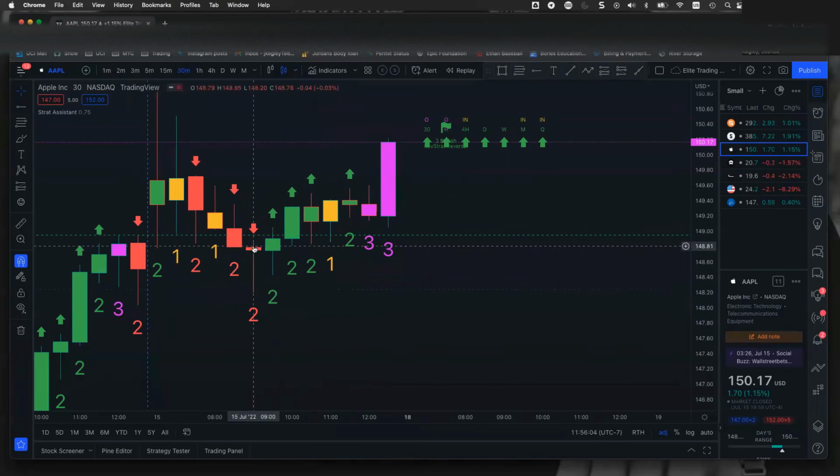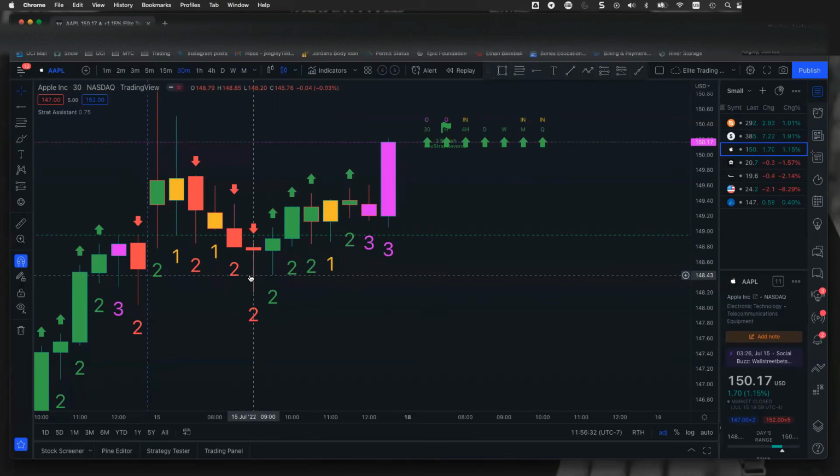A 2 down is when price breaks below the previous. So if you're looking at this candle right here, you have a 2 down. Price opens right about the same 148.80 area. It tries to break up. So you see this little red wick right up here. Can't, and then it falls down. So that's considered a 2 down candle.